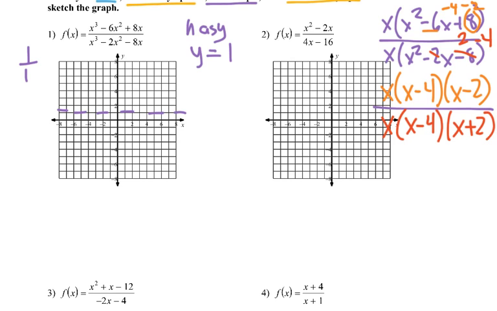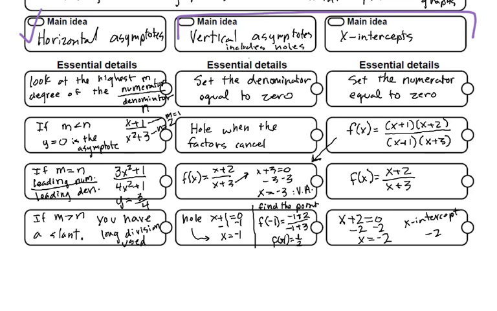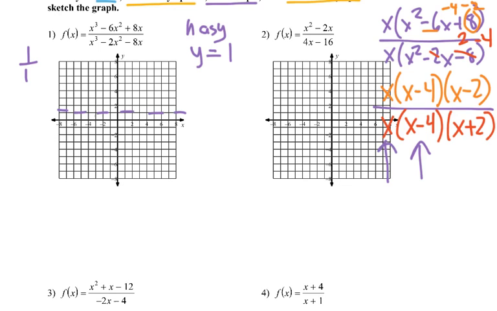Now what we need to do is look for stuff that can be eliminated. We should notice that the x and x minus 4 can be eliminated, both of them. If you can eliminate it, it turns into a hole. So we're going to have two holes on our graph: a hole at x equals 0, because you set it equal to 0, and a hole at x minus 4 equals 0, so x equals 4, because those both can be eliminated.